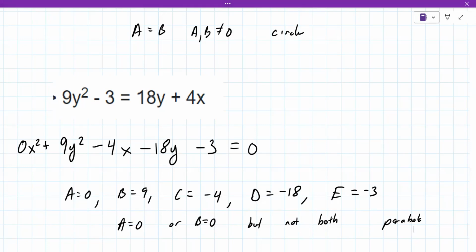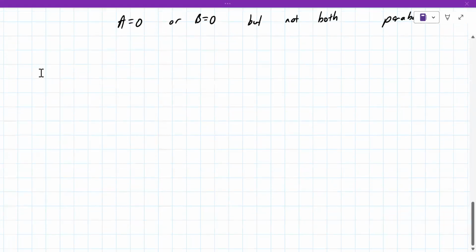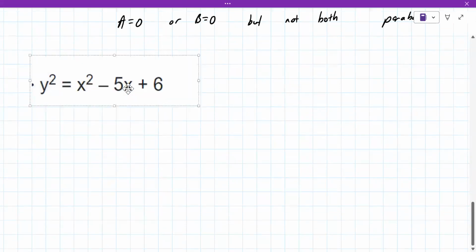Now the last one, same thing. So we're going to move everything in one direction or the other. In this case, I'm just going to move the y squared over to the right.